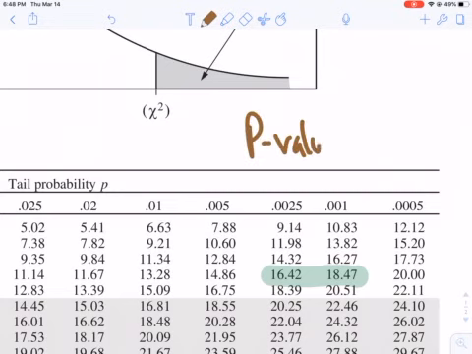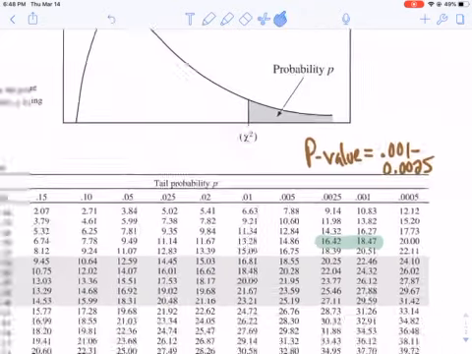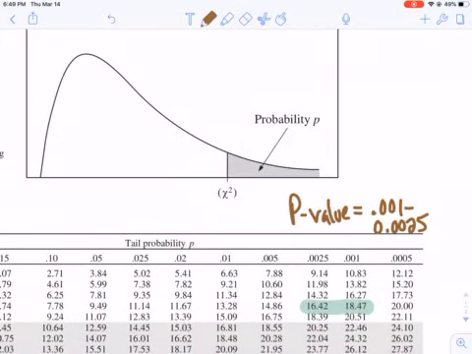So my p-value is going to be somewhere between 0.001 and 0.0025. Now again, what that's going to represent is the probability of seeing my chi-square statistic or greater. So the probability of seeing a difference like this or greater in this table, assuming that our null is true, we should be seeing that, as you can see, very little of the time.